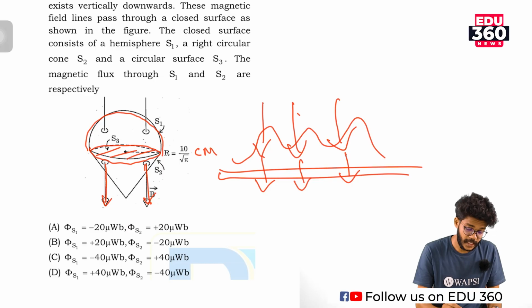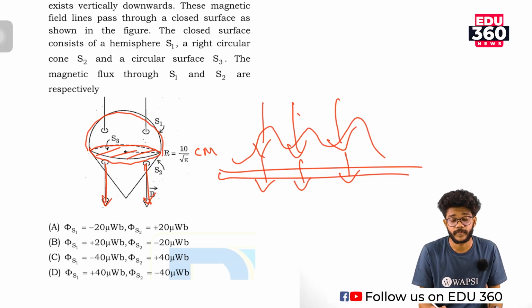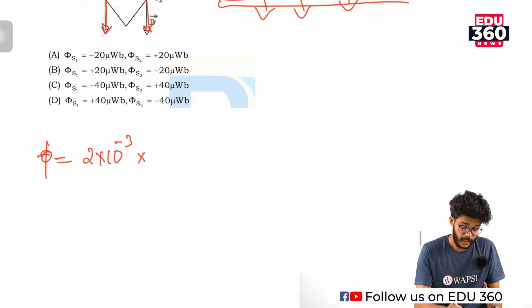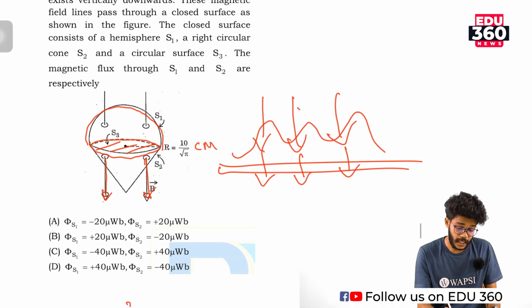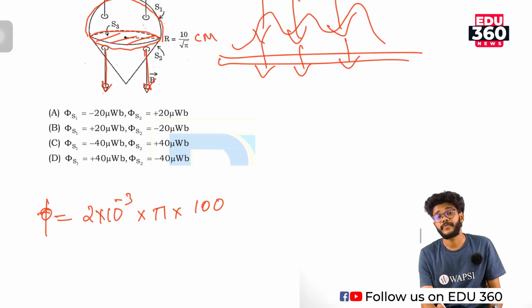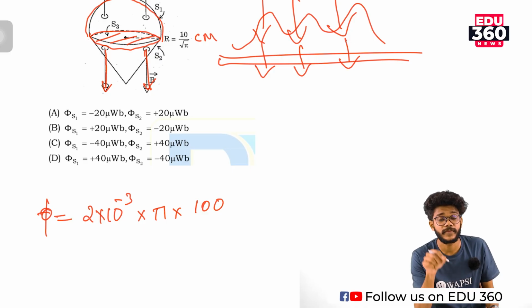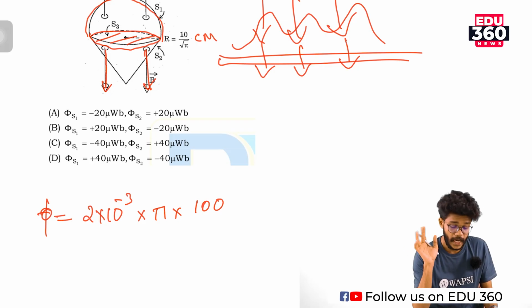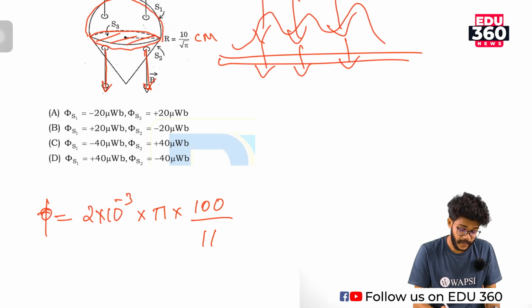The radius is 10 by root pi, so the area is pi r square, which is pi into (10 by root pi) square. Sorry, that is in centimeter, so we want to change the unit from centimeter to meter. Multiplying by 10 raised to minus 2 and taking the square, it is multiplied by 10 raised to minus 4. So 100 by pi, the pi gets cancelled, multiplied by 10 raised to minus 4.